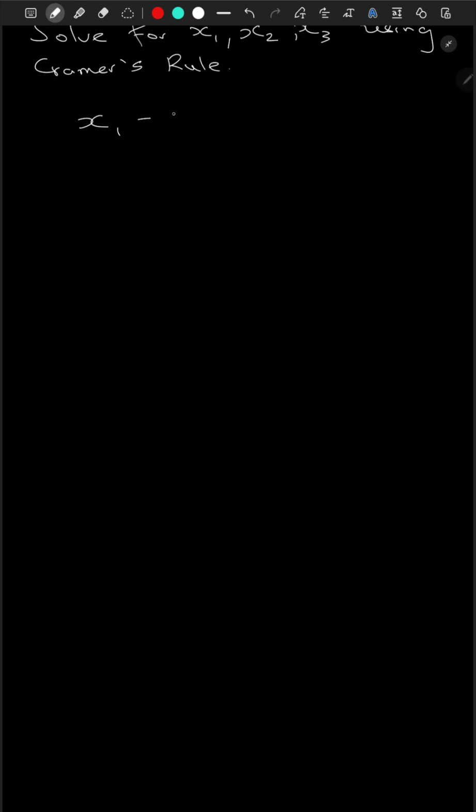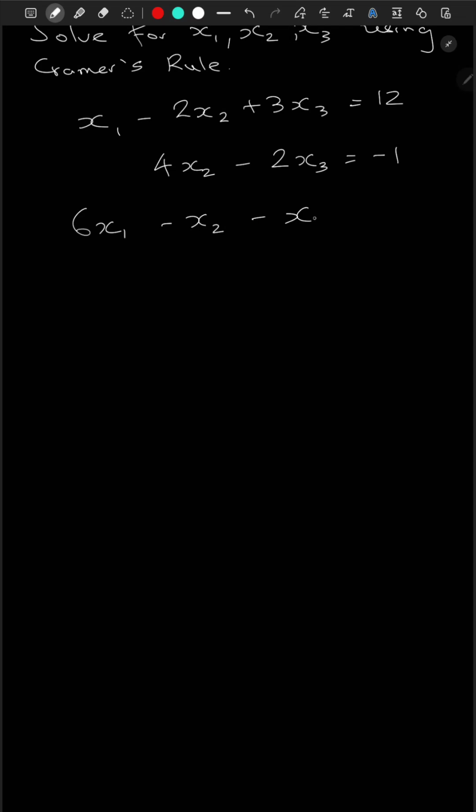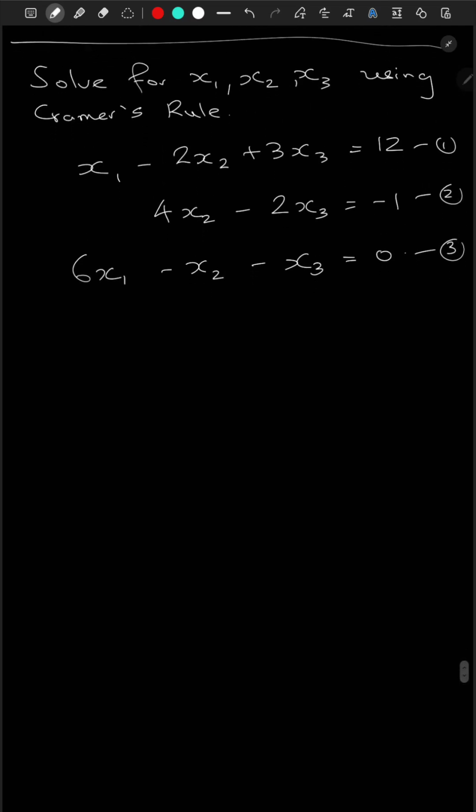So let's say x1 minus 2x2 plus 3x3 is equal to 12. 4x2 minus 2x3 is equal to minus 1. And 6x1 minus x2 minus x3 is equal to 0. So we have 3 equations with the 3 unknowns x1, x2, and x3.